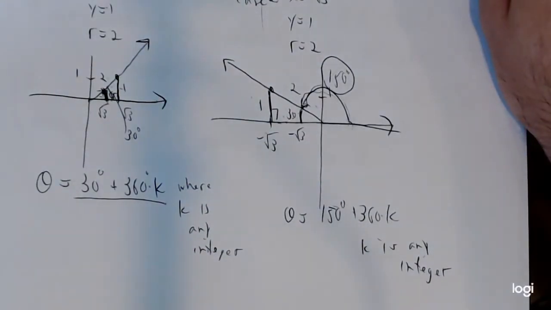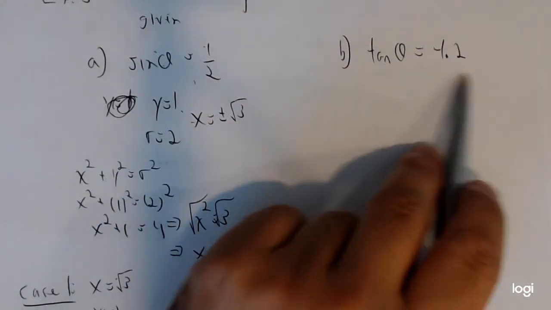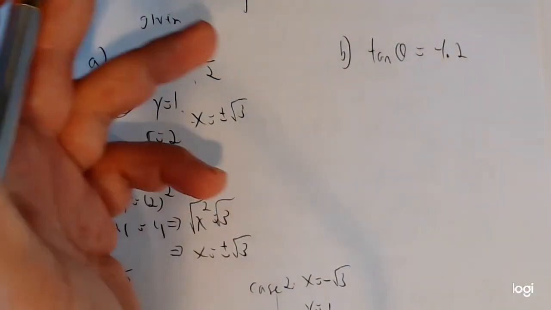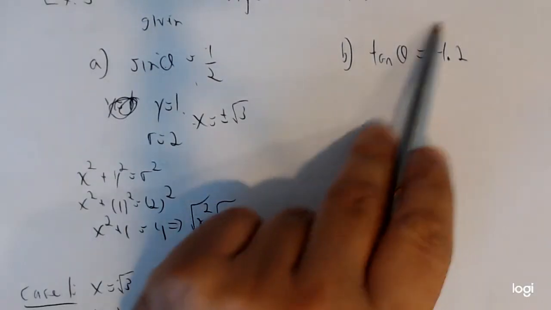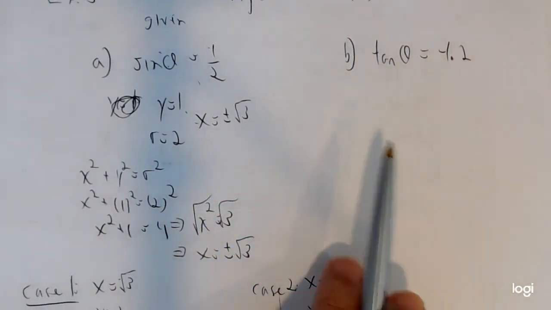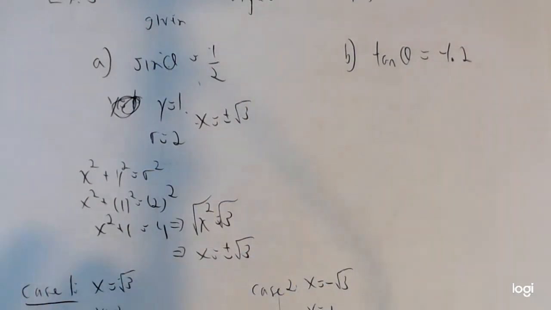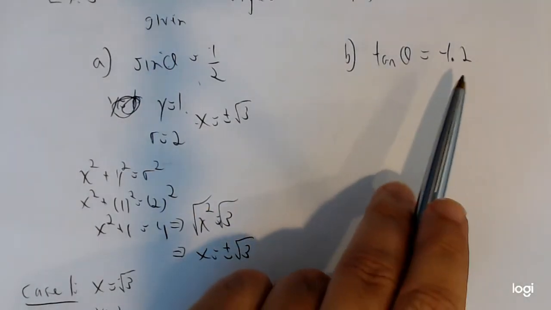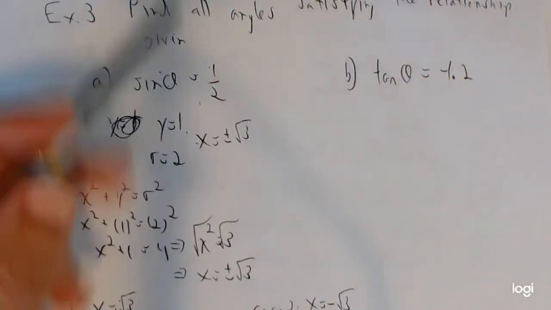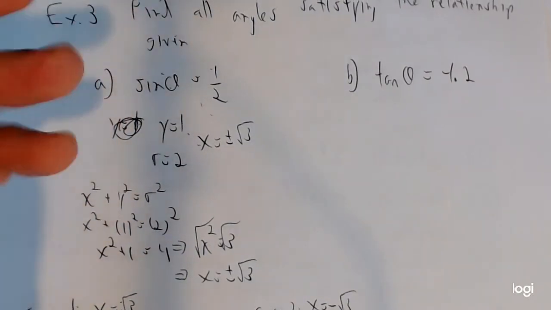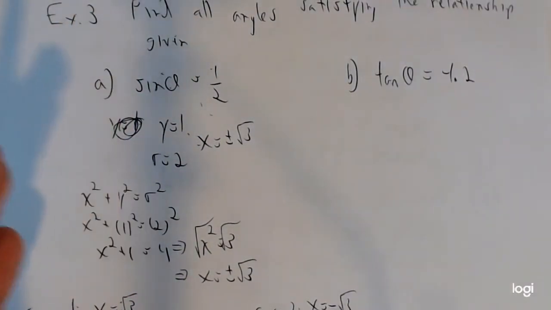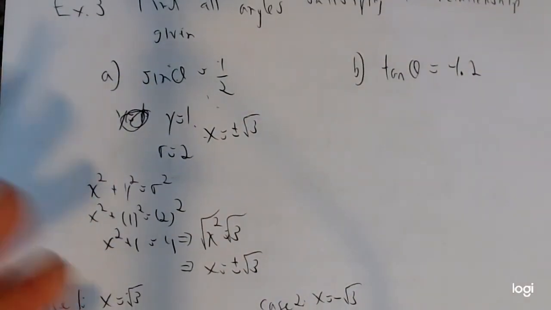Okay, so now for this one, especially when you see a decimal like negative 1.2, this one we can't do without a calculator. The ones that have nice numbers, like the ones we're used to seeing, like 1/2 or rad 3 over 2 or rad 2 over 2, anything that has rad 3s, rad 2s, and 1s and 2s, we have a good idea that we don't need a calculator.